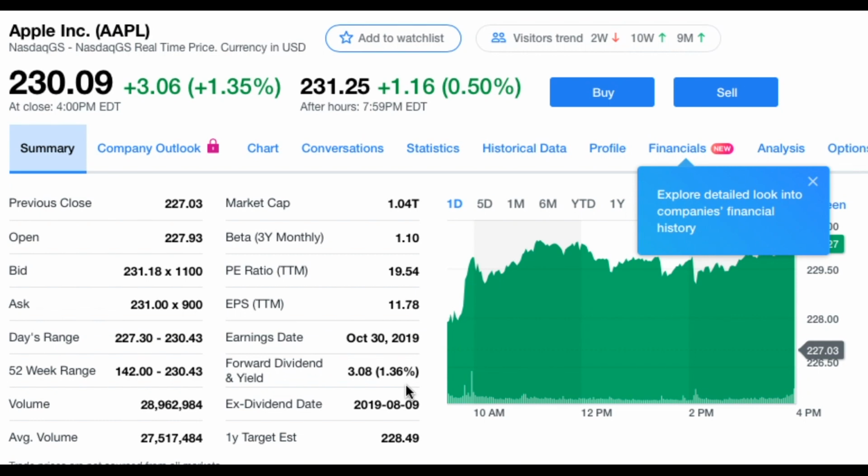Yes, it's actually a 1.33. So again, we take the forward dividend of $3.08, divide it by $230.09, and we get a dividend yield of 1.33.